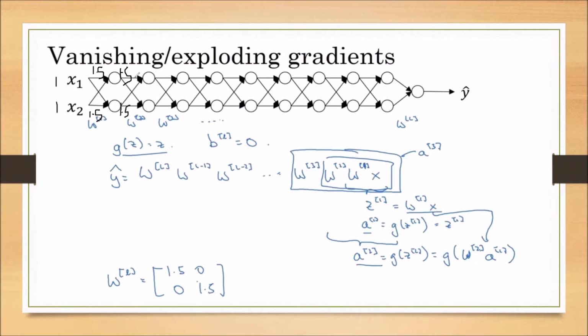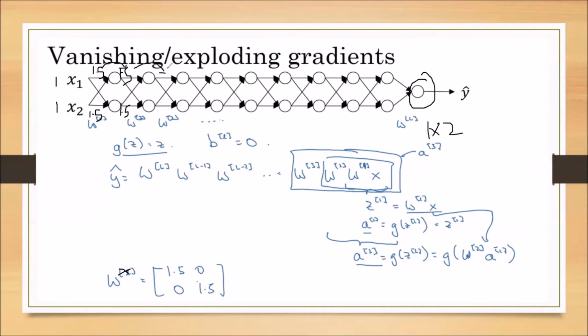Again, assume that we are taking all the parameter matrices as 1.5, 0, 0, 1.5, except the last parameter matrix, because this is a 1 by 2 matrix, while all the remaining parameter matrices are 2 by 2 matrices. So when we multiply 1.5 with 1.5, the result is 2.25.